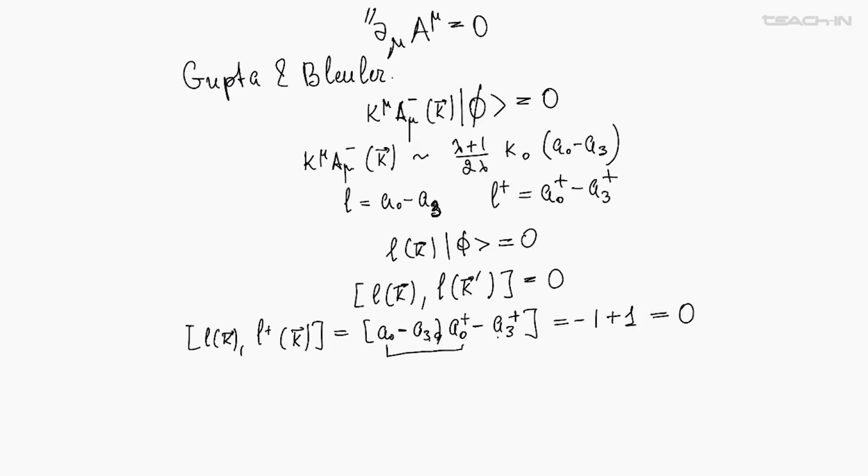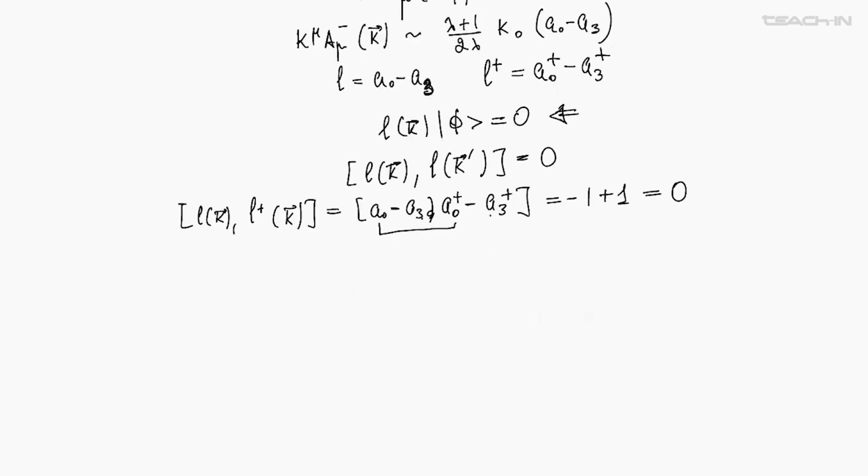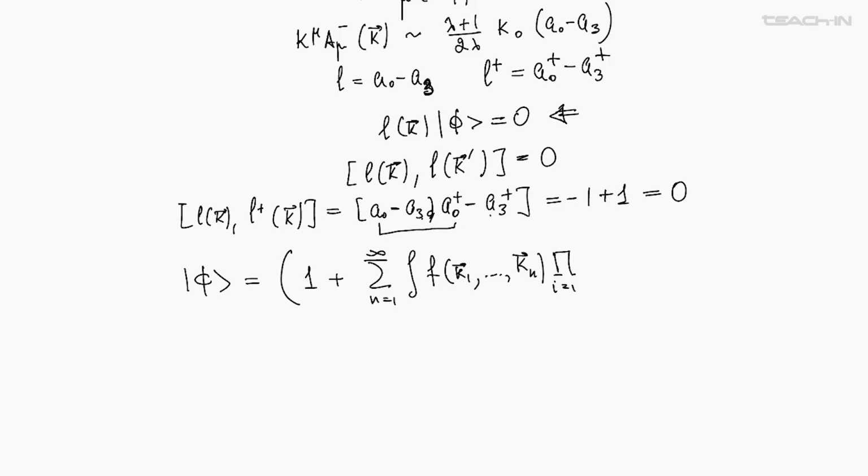And so the generic solution of this condition can be written in the following way. So phi looks as follows: 1 plus the sum from n equals 1 to infinity, integral, function f depending on k1 and so on up to kn, product i equals 1 to n of dk_i divided by square root of 2 omega on k.